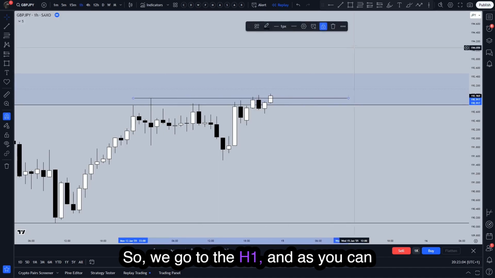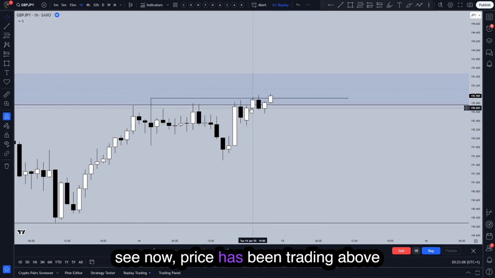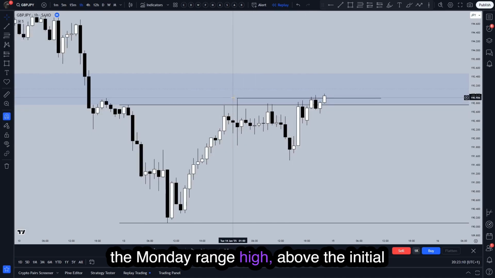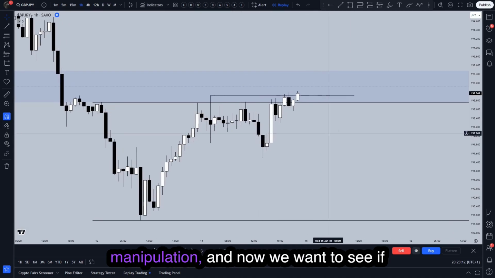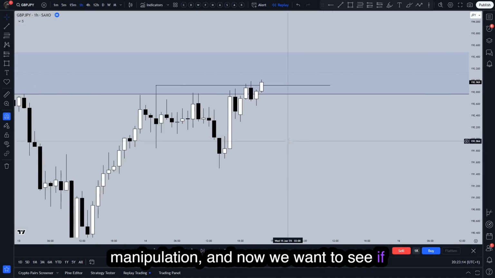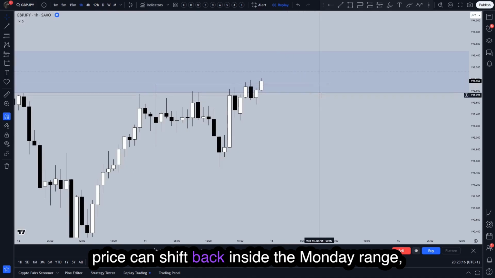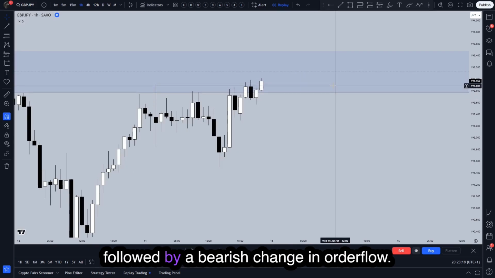So we go to the H1, and as you can see now, price has been trading above the Monday range high, above the initial manipulation, and now we want to see if price can shift back inside the Monday range, followed by a bearish change in order flow.